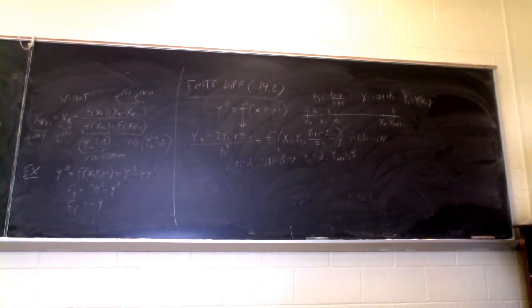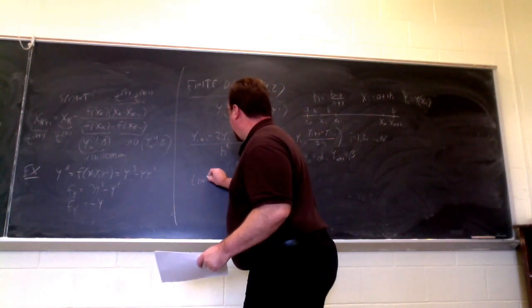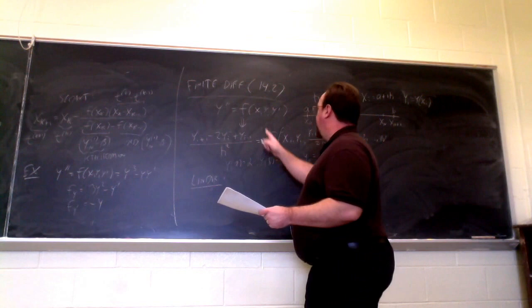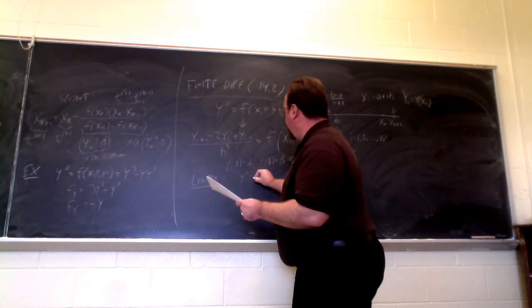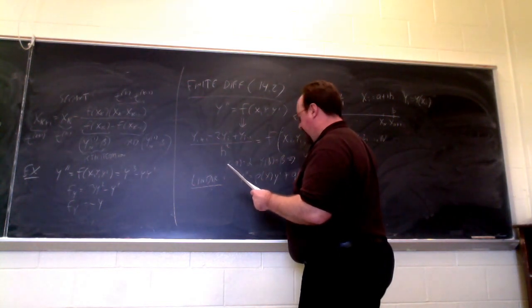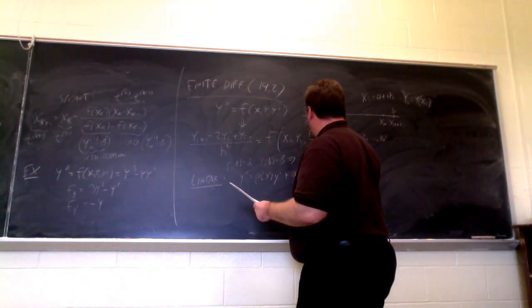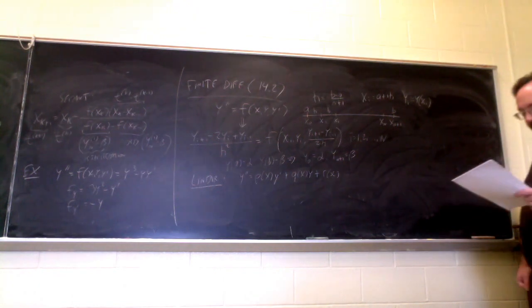Okay, I will talk about the linear case quickly, because that's again a lot easier than the nonlinear case. I can be more specific about the kind of ODE we have. y double prime is equal to P of x, y prime plus Q of x, y plus R of x, where P, Q, and R are given functions of x, or coefficients, if you will, variable coefficients.